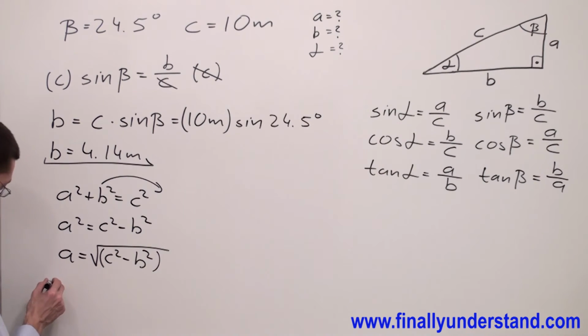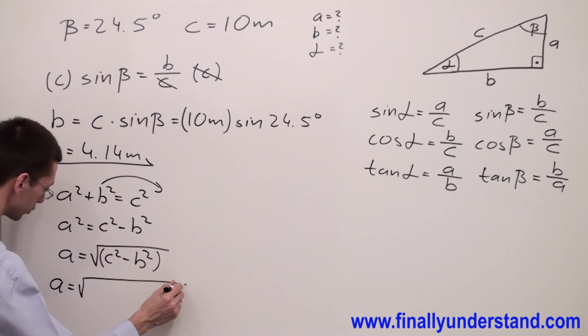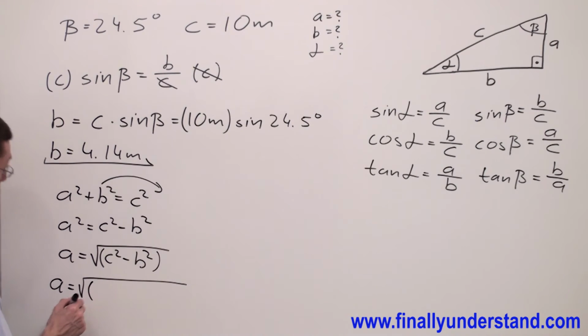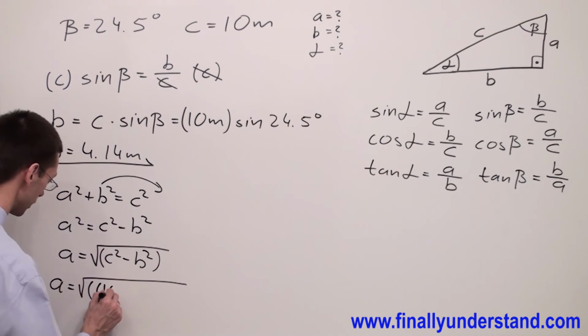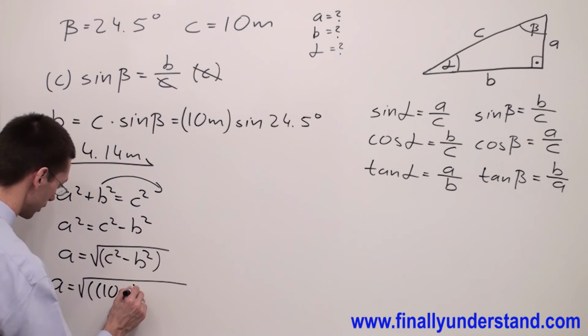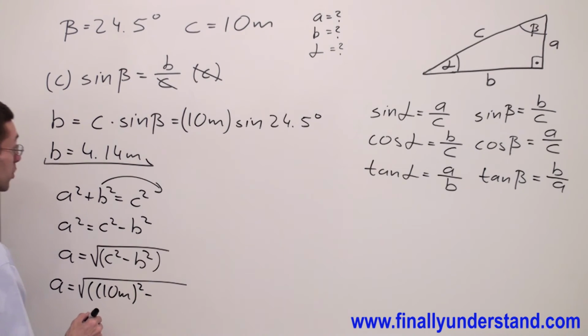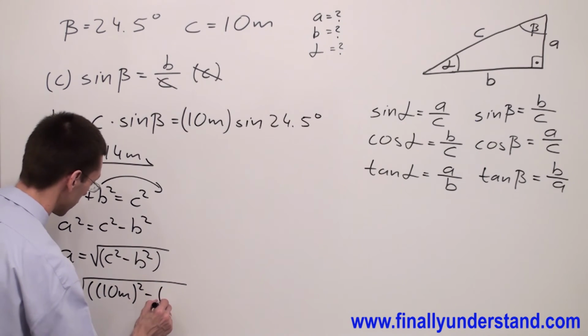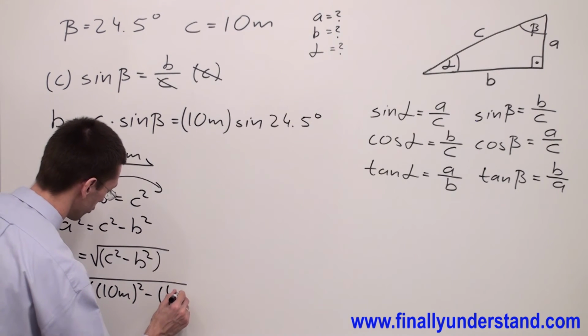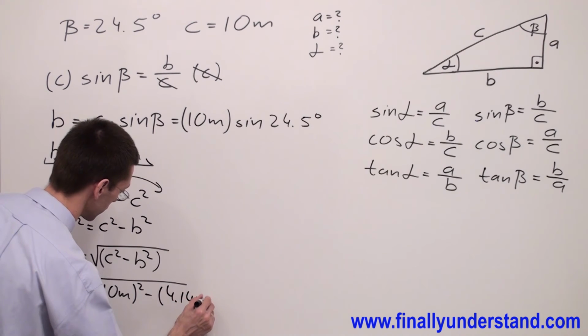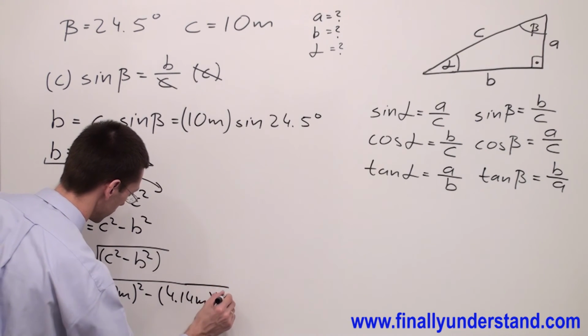So we have A is equal square root of, open parenthesis, C which is equal 10 meters squared minus B, which is equal 4.14 meters squared.